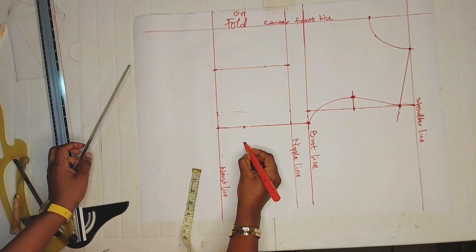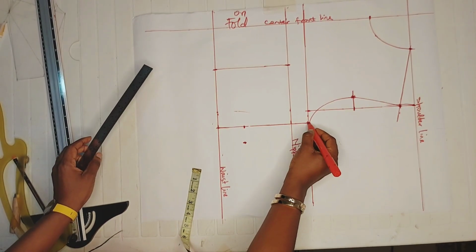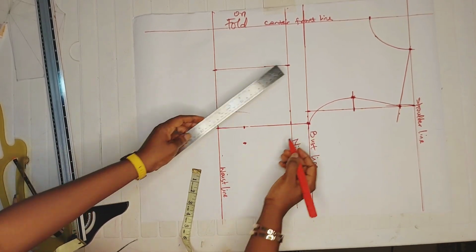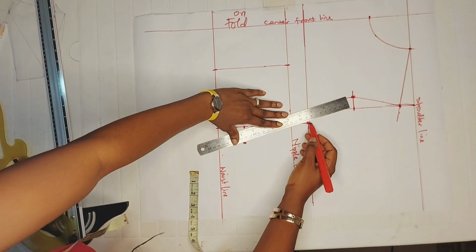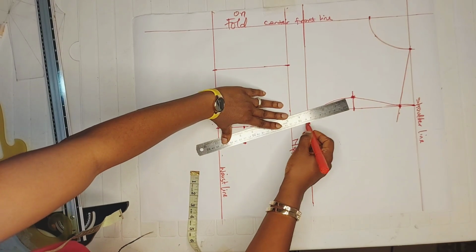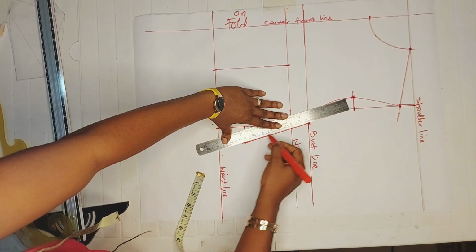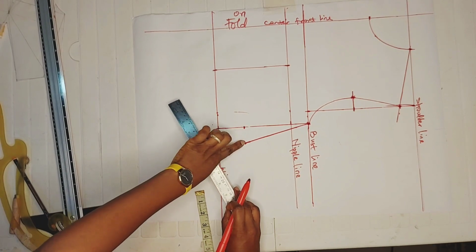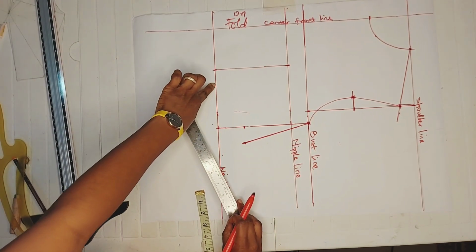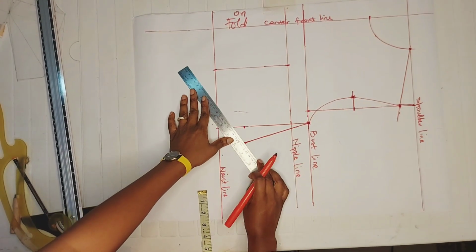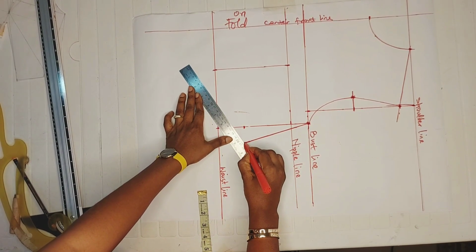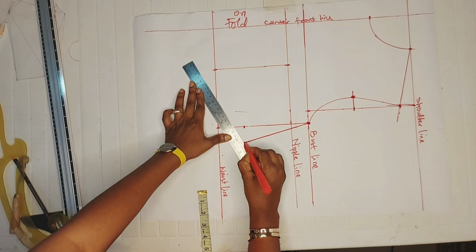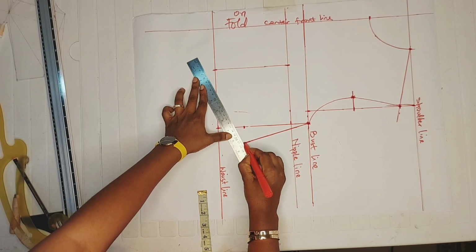From that point, we'll connect it to this bust area. This point to this point, we're going to connect it with a ruler, like so. And then from this point here, we'll connect it to touch the waistline. Just make sure you're connecting it to the waistline.